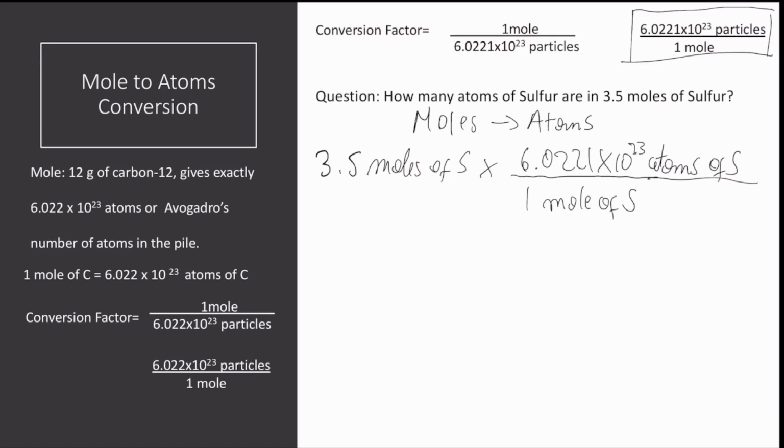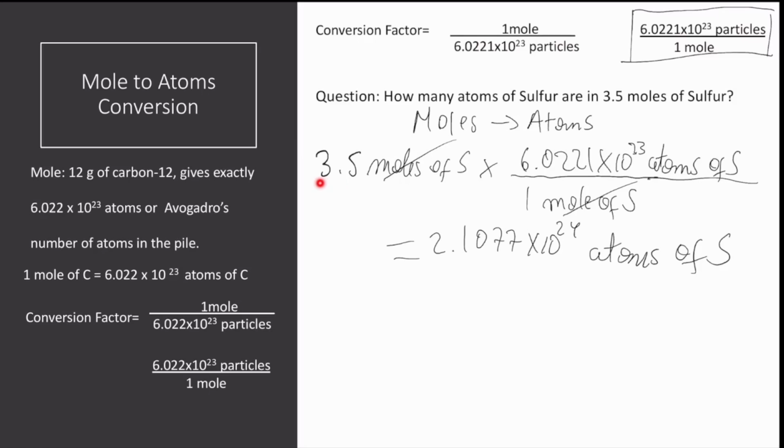So carrying out the multiplication, 3.5 times this big number divided by 1, we cancel out the units of moles of sulfur, and we're left with atoms of sulfur. So by carrying out this operation, we get 2.1077 times 10 to the 24th atoms of sulfur.